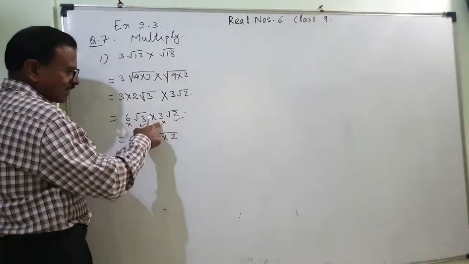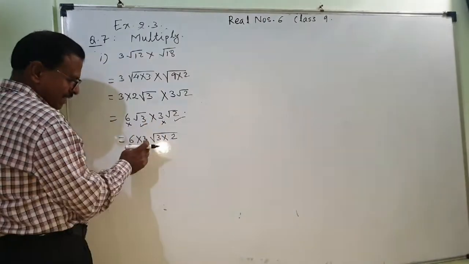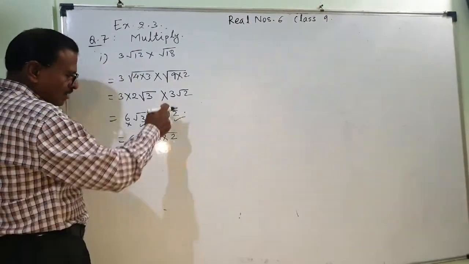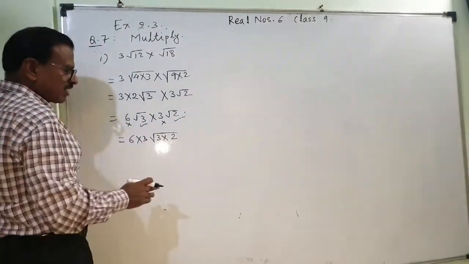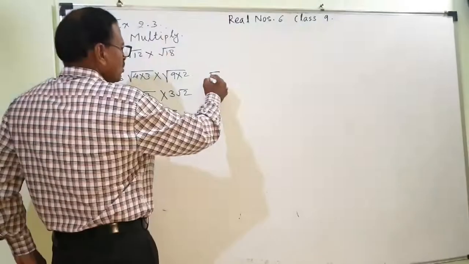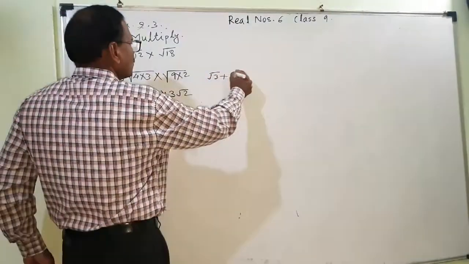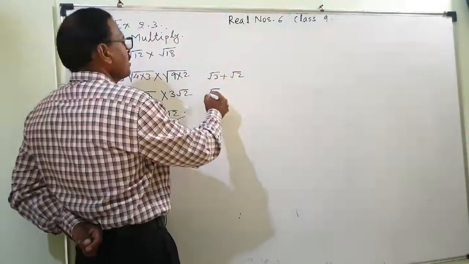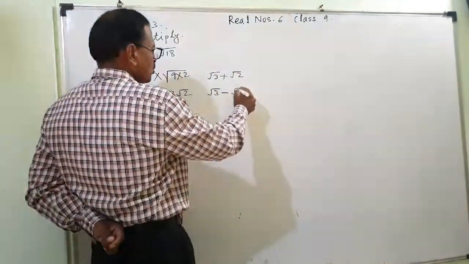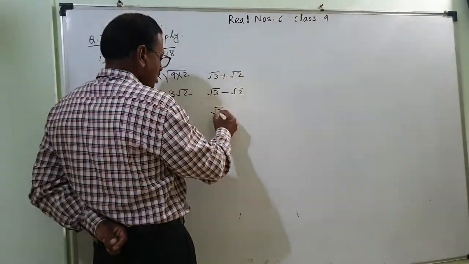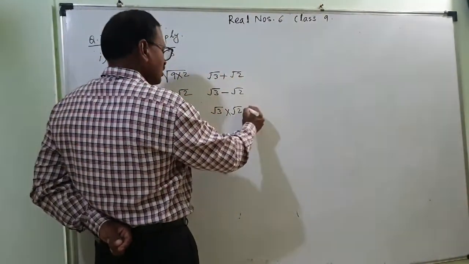6 and 3. This is the rational part that I have multiplied. And these two are the irrational part. Multiplication and division is possible. Addition and subtraction is not possible. Root 3 plus root 2 is not possible, or root 3 minus root 2 is not possible. But root 3 into root 2, this is possible.